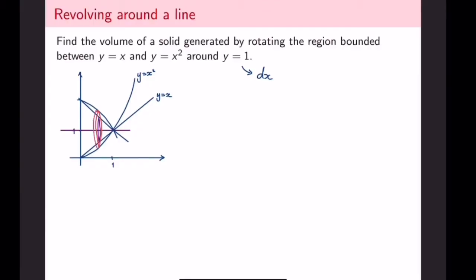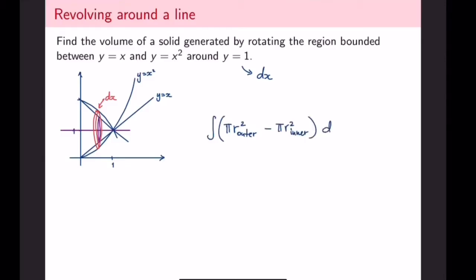My thickness is parallel to the x-axis, which means that my integral is going to be in terms of x as a variable. And so we can use the same setup as we've used before. It's going to be an integral of pi r outer squared minus pi r squared for the inner radius.